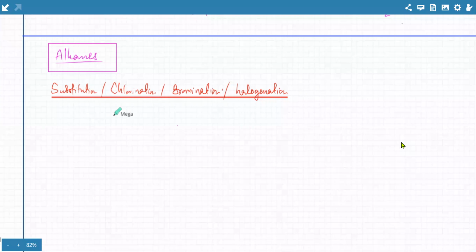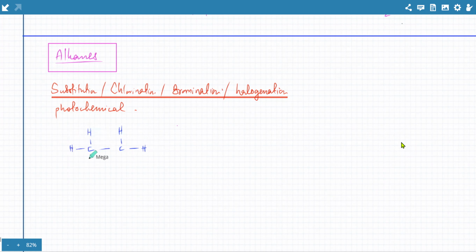The reaction is a photochemical reaction, which means that it involves sunlight. Sunlight has to be present. So it's a photochemical reaction, and what is the reaction? The reaction is that if you have any alkane, let's say I have an ethane molecule. Alkanes are saturated hydrocarbons with all bonds saturated, meaning that all bonds are single bonds.